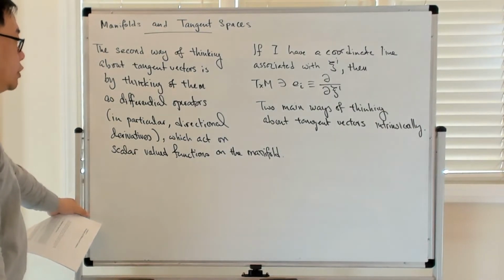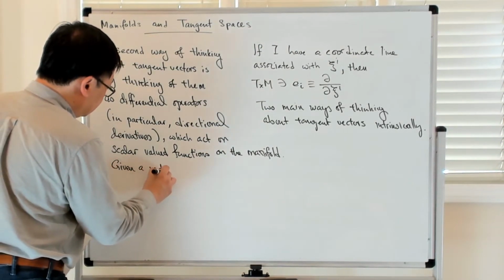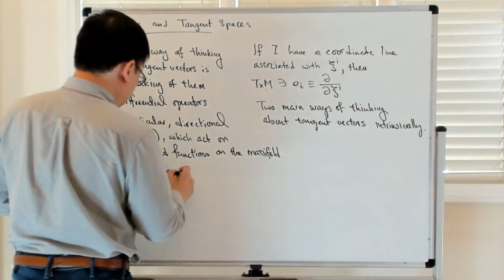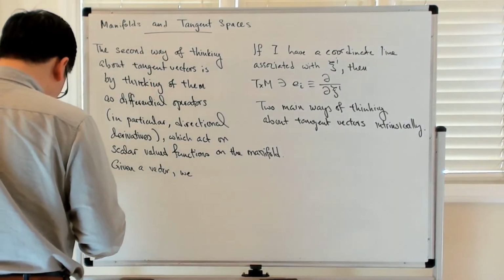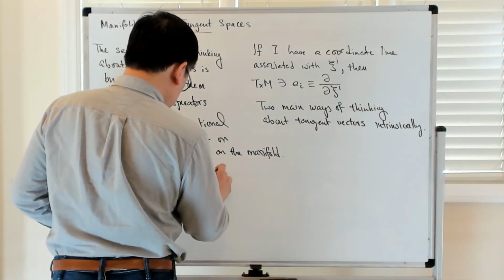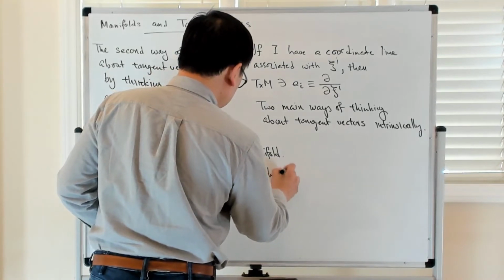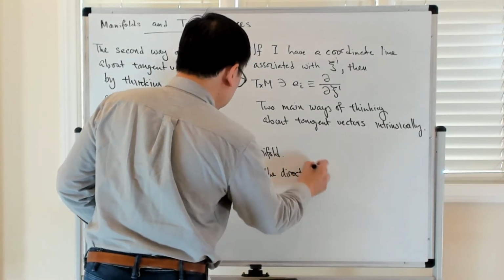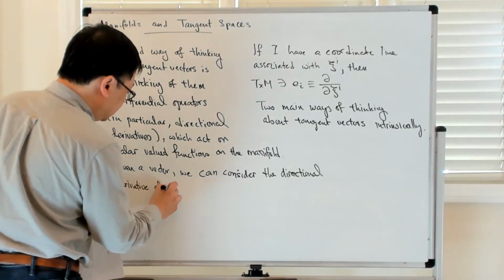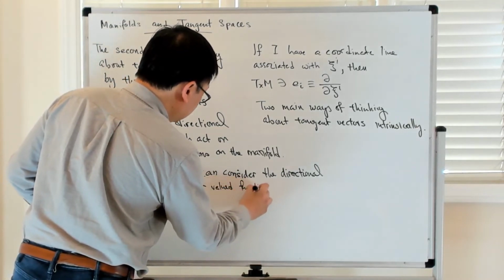So how do you think about that, right? Given a vector field, sort of given a vector, we can consider the directional derivative of a scalar valued function in that direction.